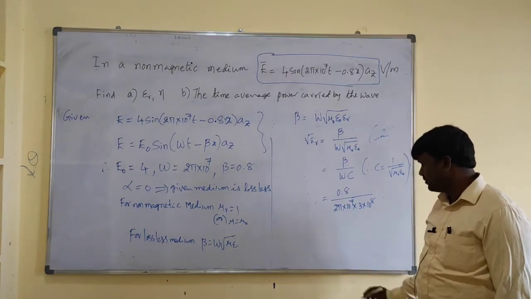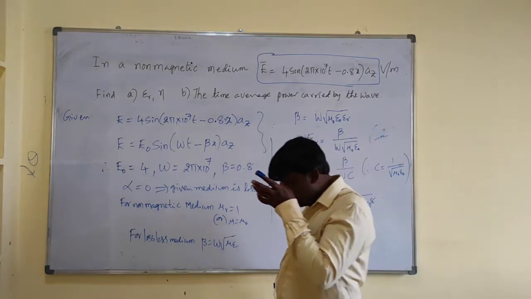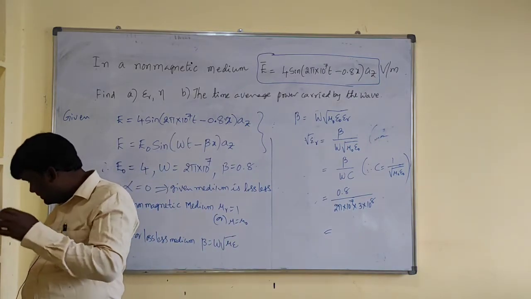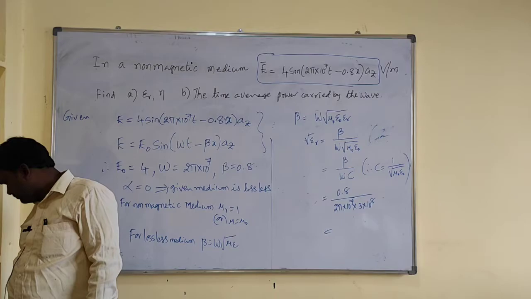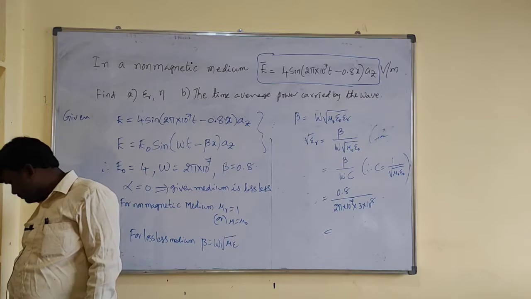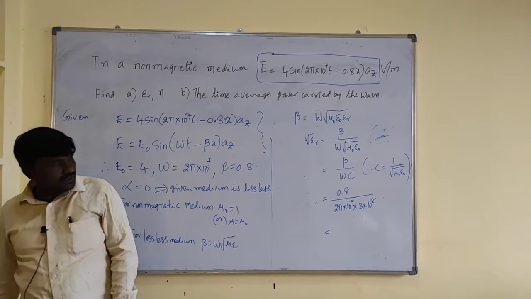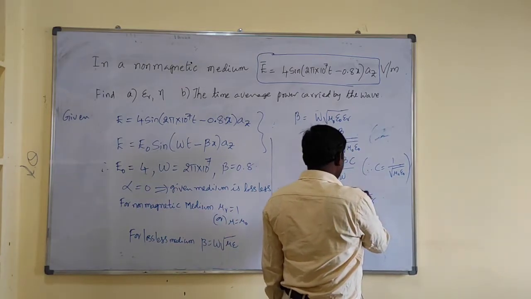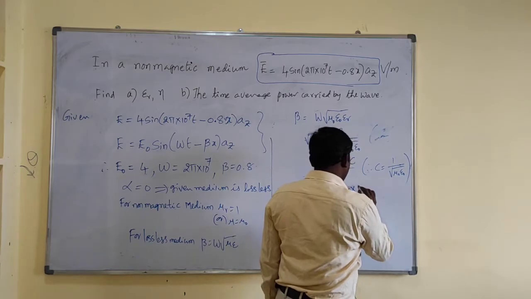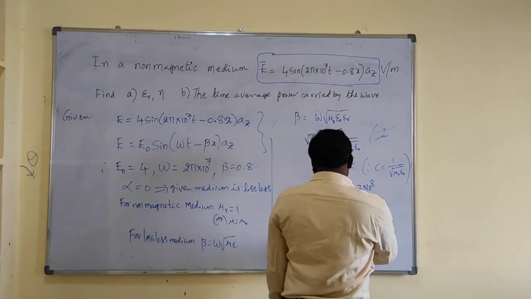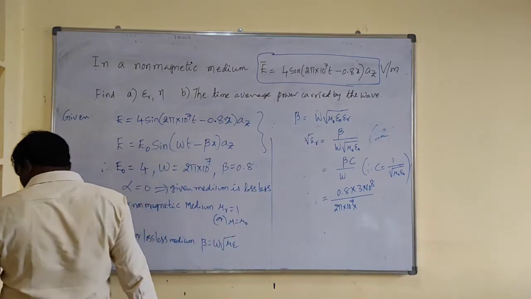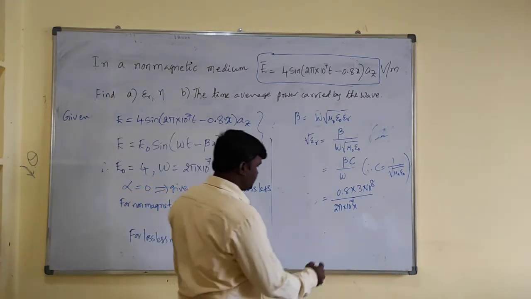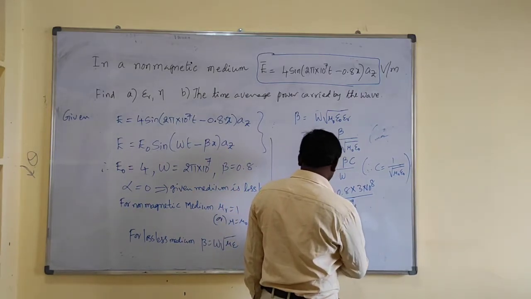After simplification we get root epsilon r as 12 by 5, which is nothing but root epsilon r.